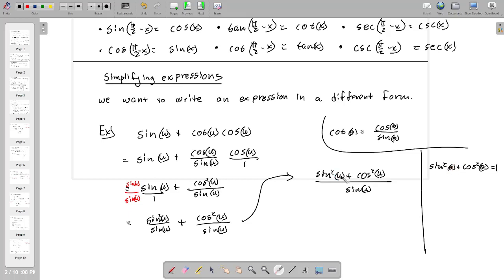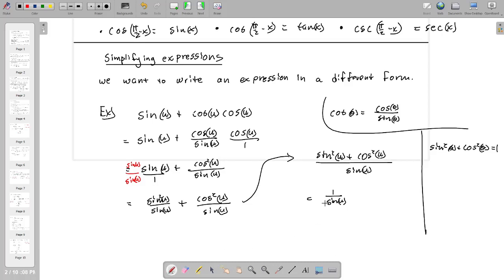Even if theta is u, we get sine squared of some angle plus cosine squared of the same angle is equal to 1. So we can replace this sine squared plus cosine squared with 1, and we end up with 1 divided by sine of u. And then 1 over sine of u can be rewritten as cosecant u. And we're done. Now this is clearly much simpler than what we had to start, but it's the same exact value.